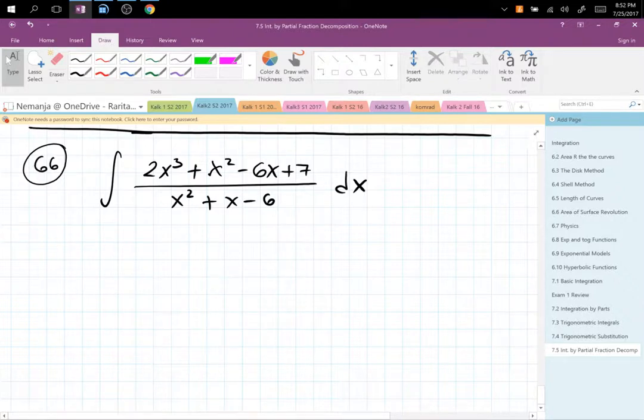So long division first. Once you're done with the long division, do partial fraction decomposition of the remainder, and you should find. I'll give you another 3 or 4 minutes. You get minus x plus 6 plus 1.